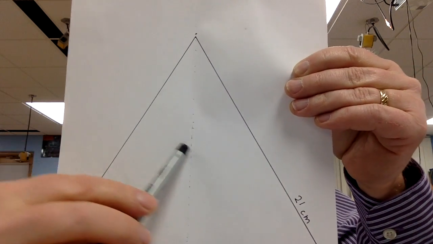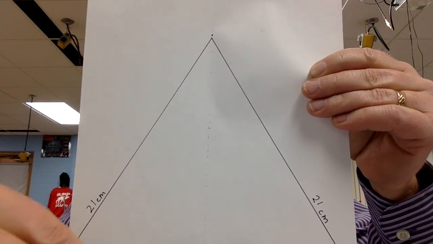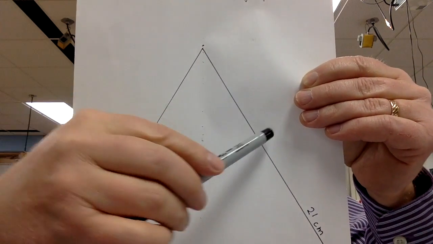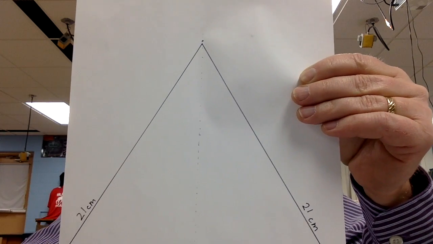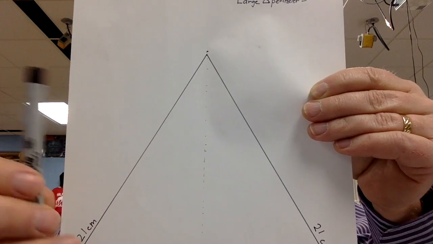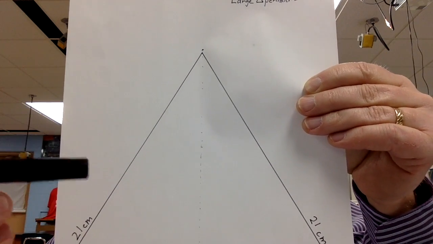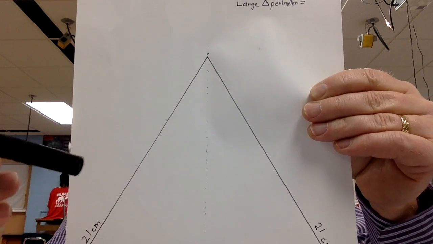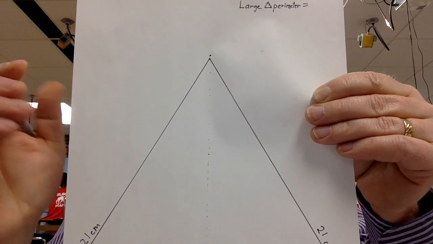So you're making pencil lines like this. You've already got one here and a pencil line like this. They should meet at a single point. You can put a pen dot there, and that is your center point.